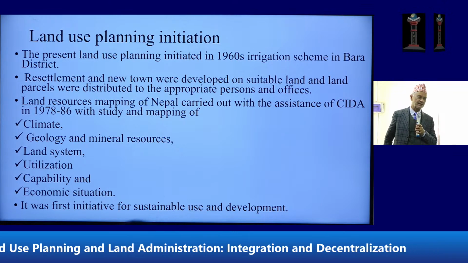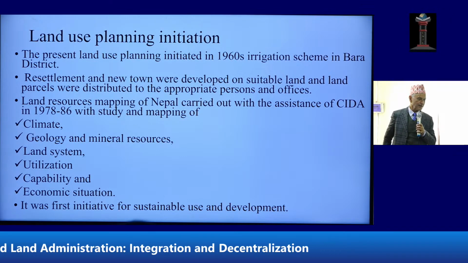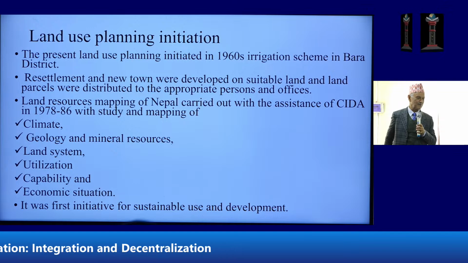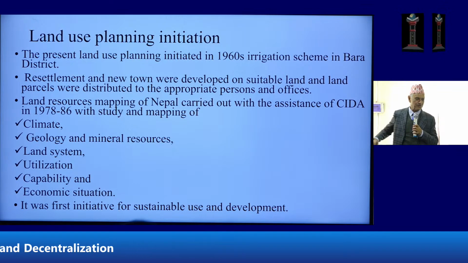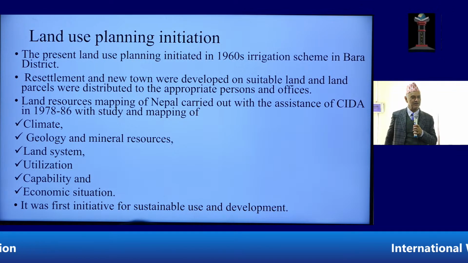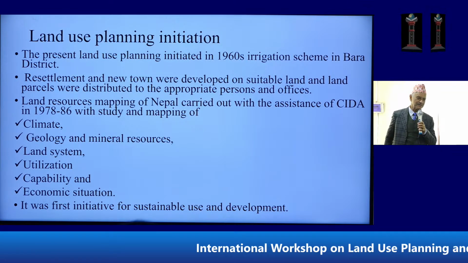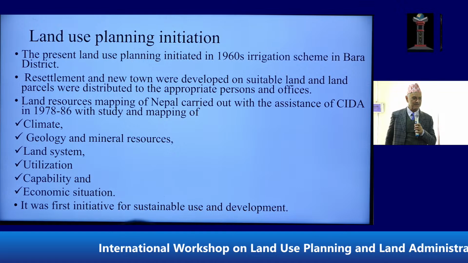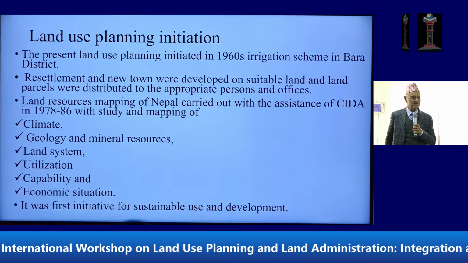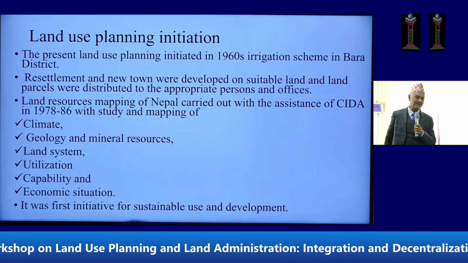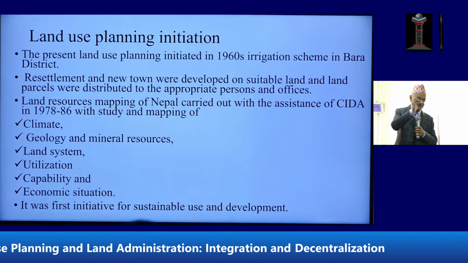I asked the foreign experts at that time what we could do to improve things, but they said Nepal has the best land management system, so with this traditional system they could not offer us any advice.